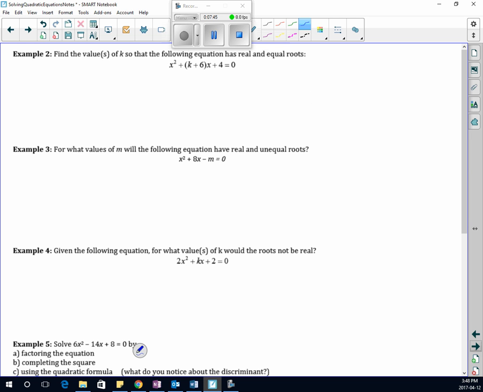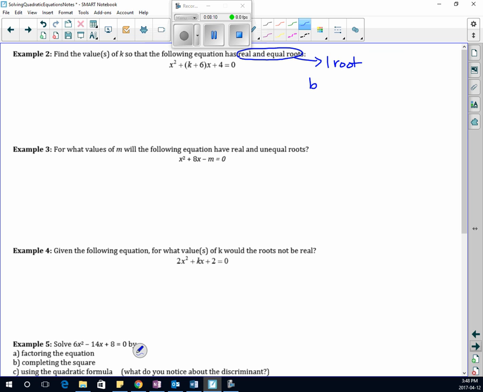Find the value of k so that the following equation has real and equal roots. So real and equal roots, that means they're the same, which means you only have 1. So the only way that happens is if you have it equal to 0.